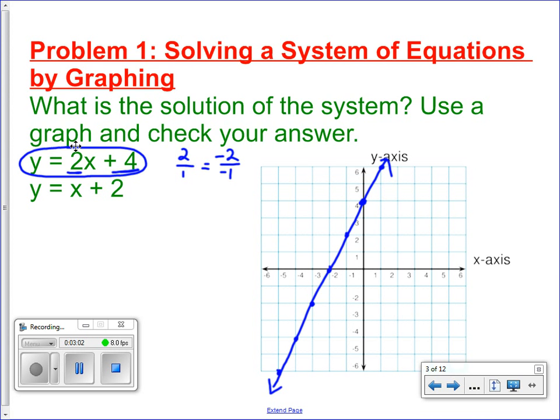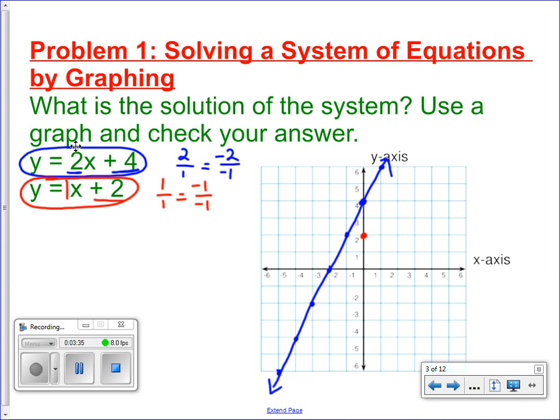And you may wish to use rulers on this because we are going to be looking for a point of intersection. Okay, the second equation I'm going to put in red. And here we start at a y-intercept of positive 2, which would be right there. Our slope, the coefficient of x, is an invisible 1. 1 can be written 1 over 1. It can also be written as negative 1 over negative 1.